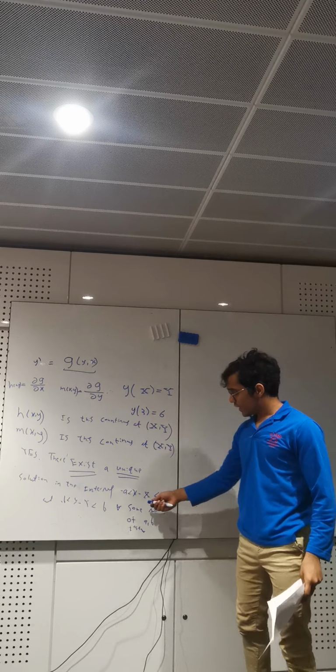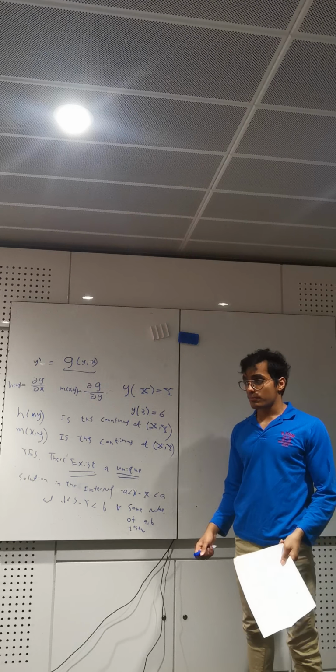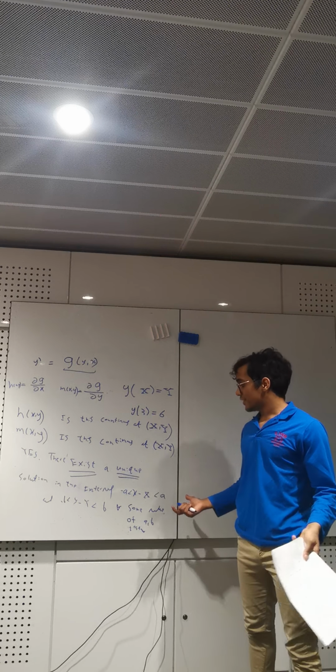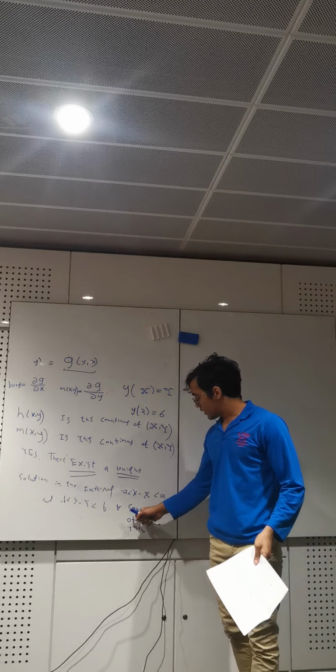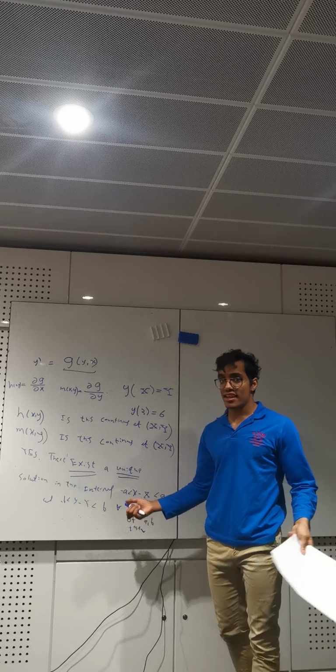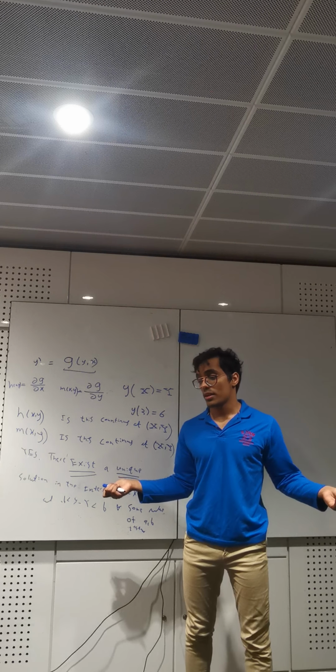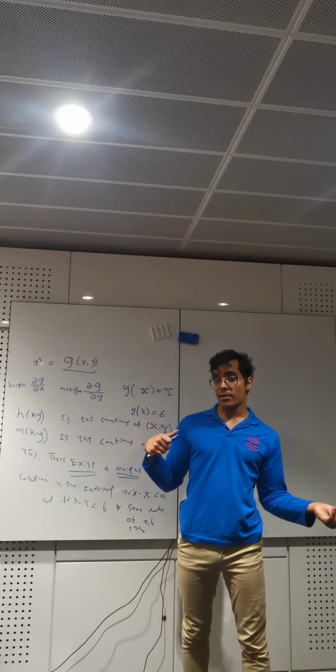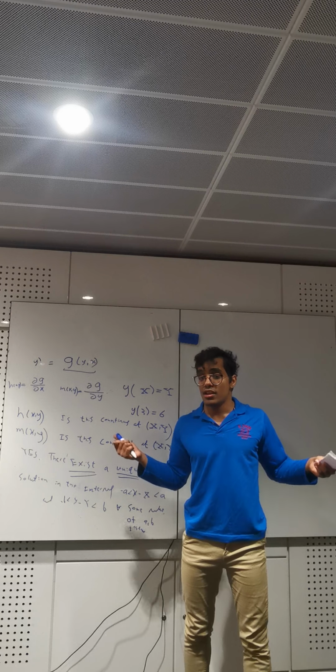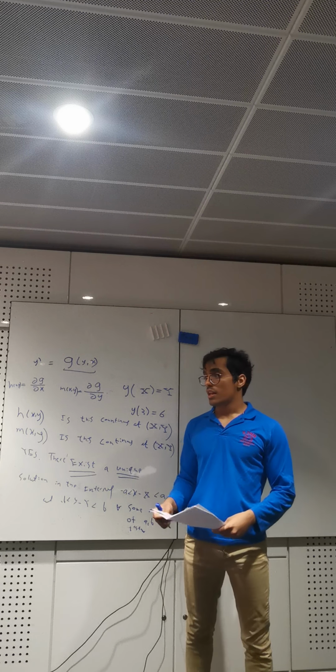And the problem with this existence and uniqueness theorem is that it does not specify for you. It says for some A and B, but does not say how big A and B are.